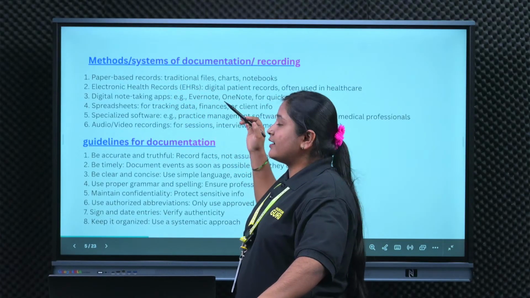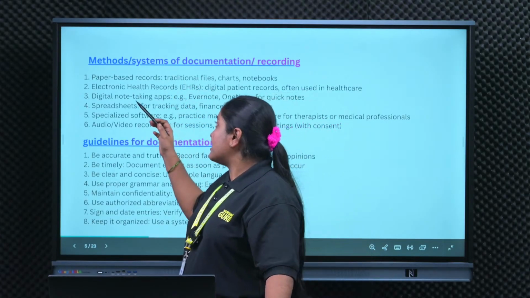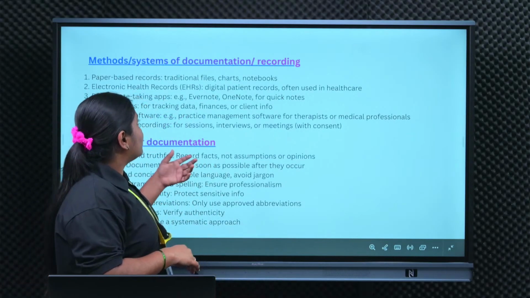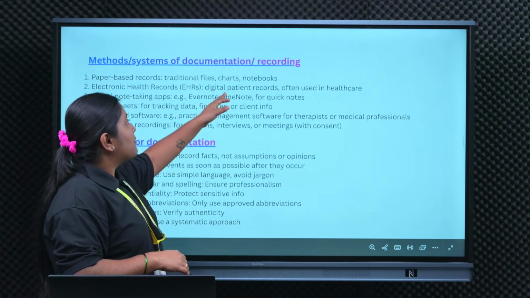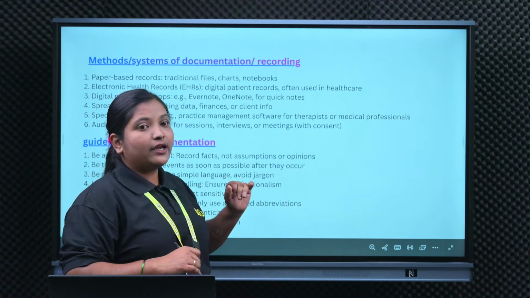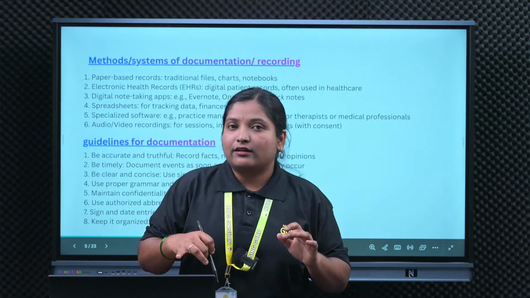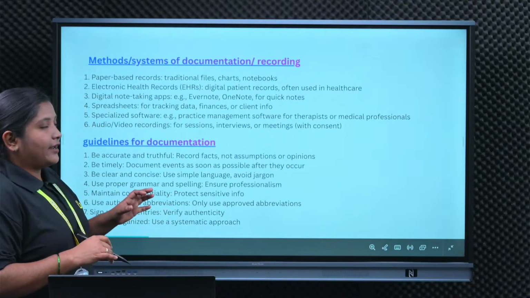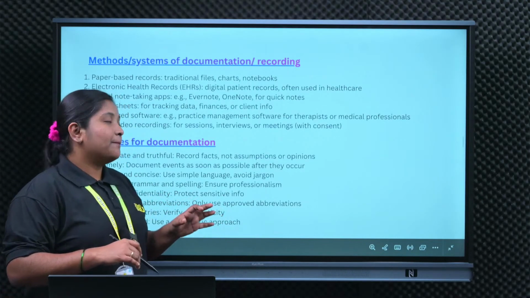So this is the first method, paper based records, like traditional files. The second one is electronic health records, what we call e-health records. Those are digital patient records often used in healthcare. Everything should be recorded digitally, using computers to record the patient's data.